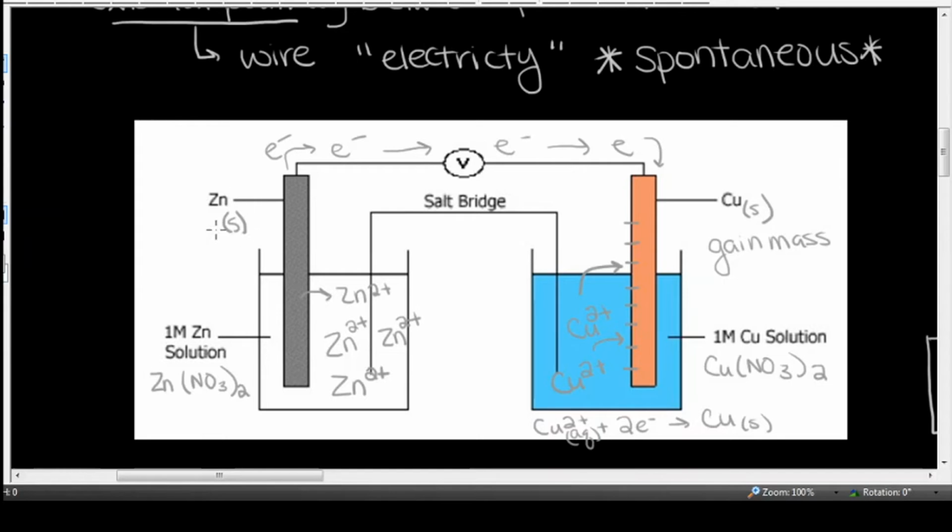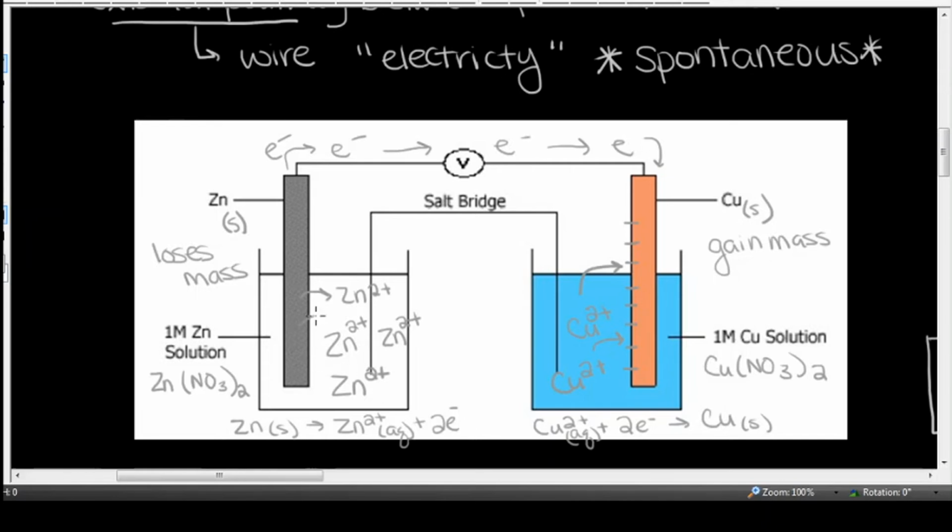So this electrode, because essentially these solid atoms are now going into solution, is going to lose mass, because zinc solid atoms are becoming zinc 2 plus ions in solution every time they lose 2 electrons.